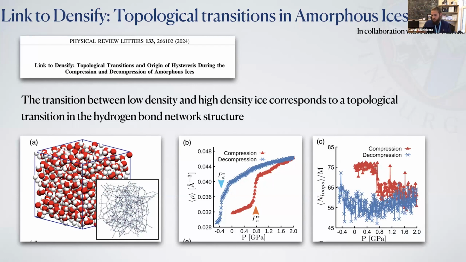And so what we started to do is to use exactly the same algorithms that we use for the DNA nanostars. We looked at the number of loops, for instance, the number of these minimum loops that were formed during compression. So as you compress, you drastically reduce the number of loops. As you decompress, you start to come back up, but it's a little bit difficult to see full recovery.